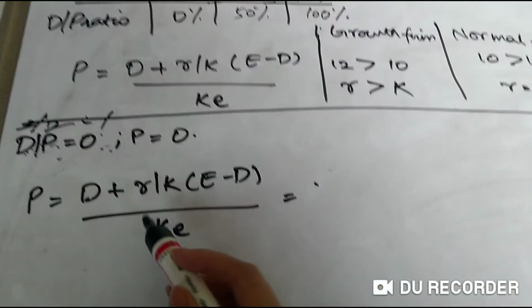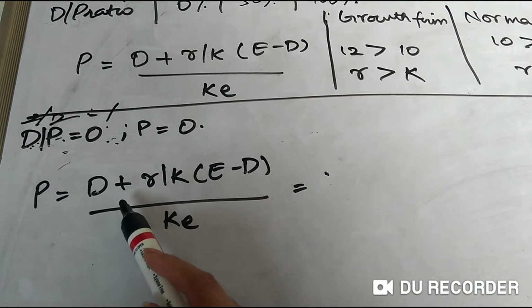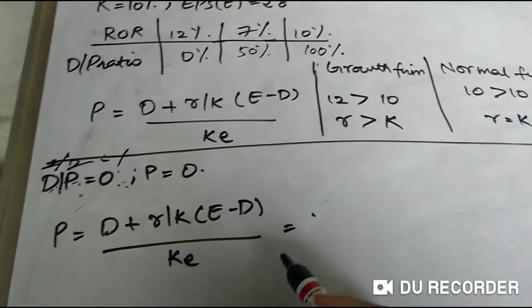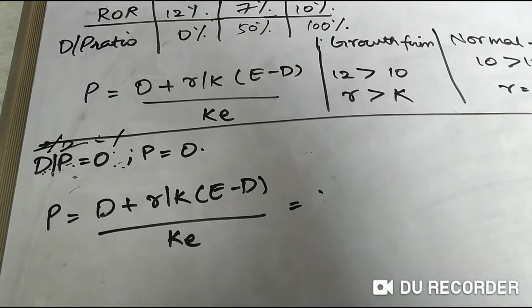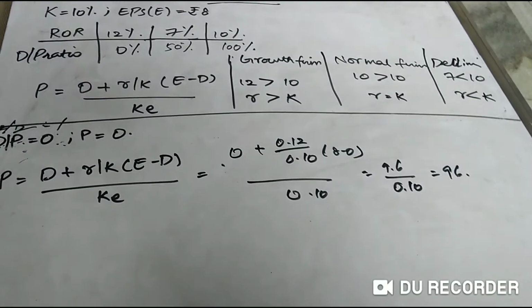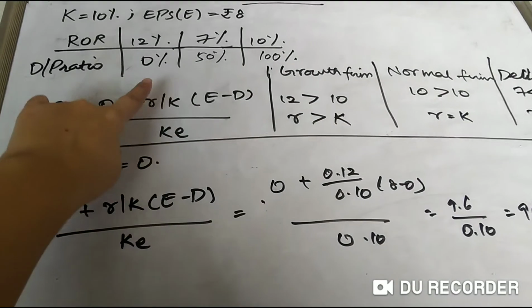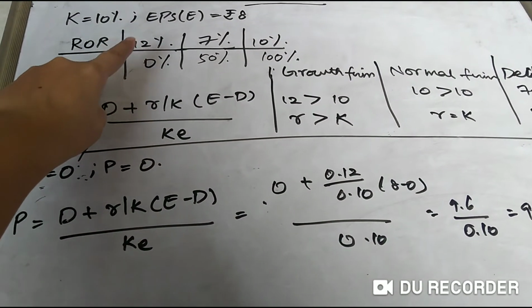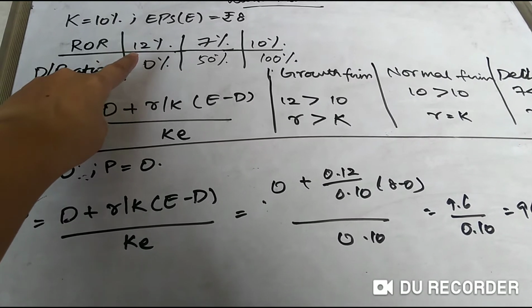Here we'll continue. So your formula is P is equal to D plus R by K, E minus D, divided by KE. So what is D over here? We are doing the first one, that is when your DP ratio is 0 and ROR, the rate of return, is 12%.